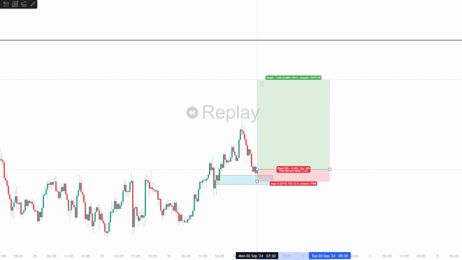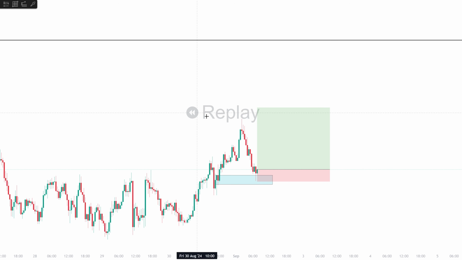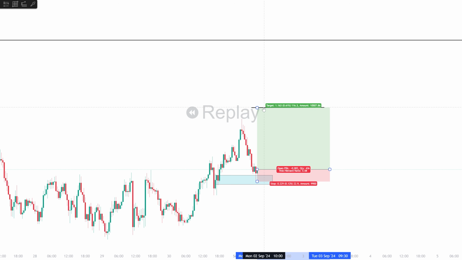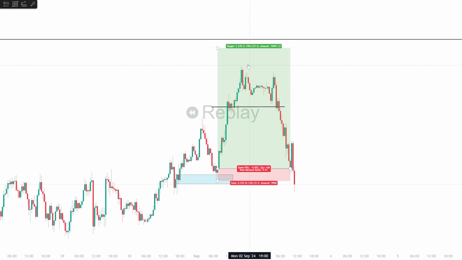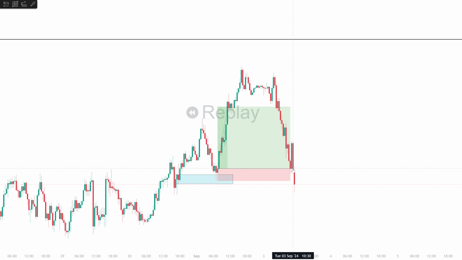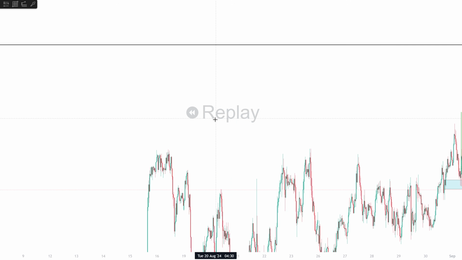What is a 1 to 5 on this trade? Over here, that's my take profit 1, and my take profit 2 is a 1 to 10. All right, so it was a break-even trade. I hit my 1 to 5 for take profit 1.